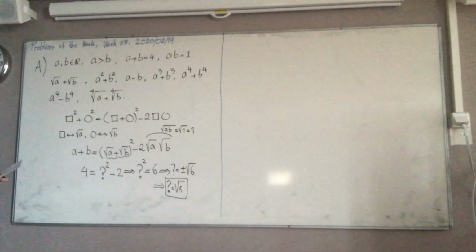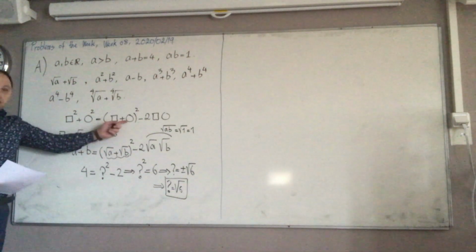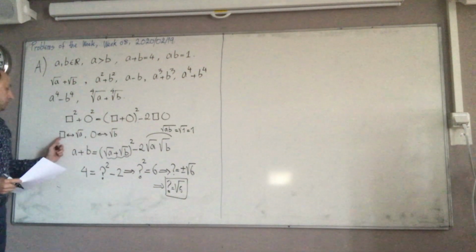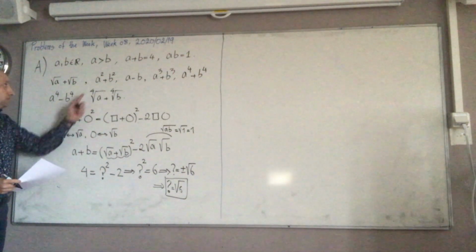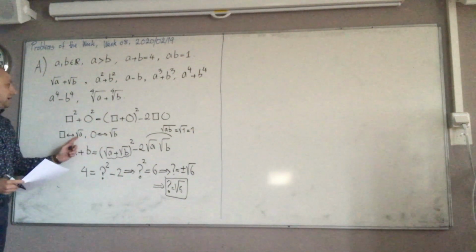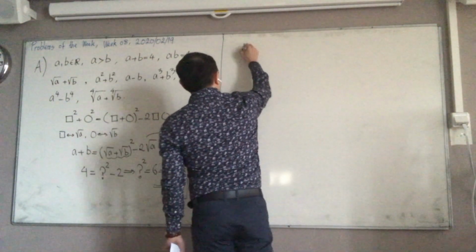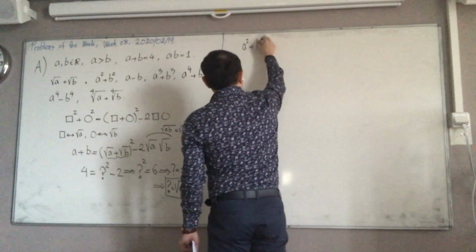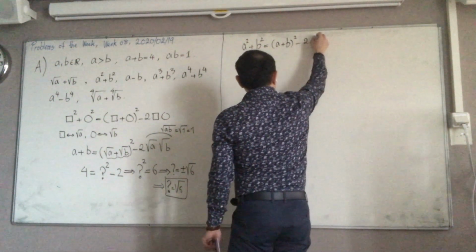So the answer to this is square root of 6. Now let us go to the next one. Again, I can use the formula here, but this time, instead of replacing the box with the square root of a, I replace it with simply a itself. This becomes a squared plus b squared is a plus b to the 2 minus 2ab.